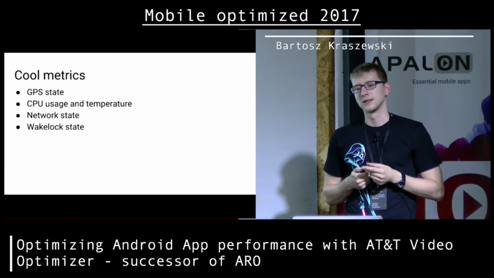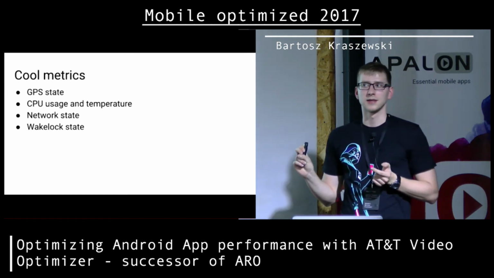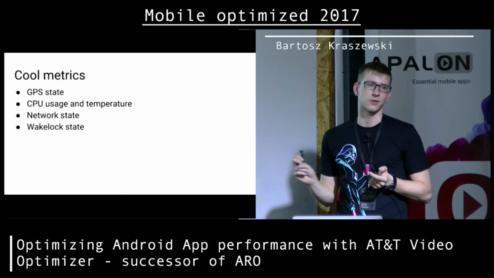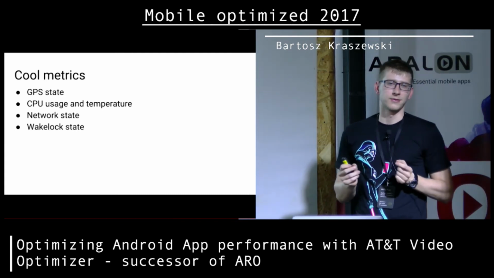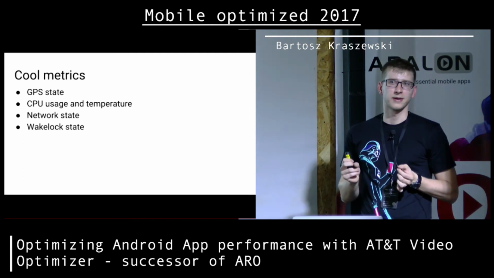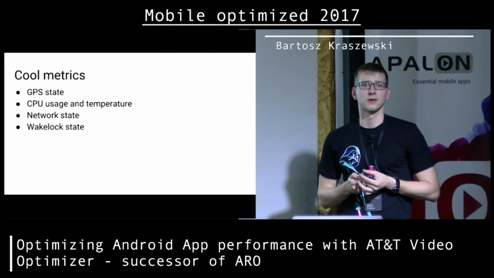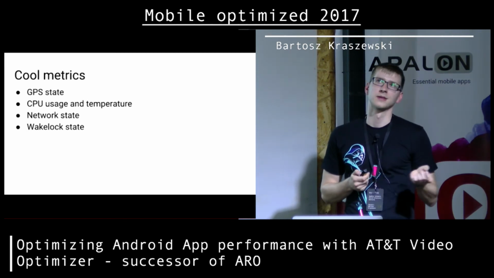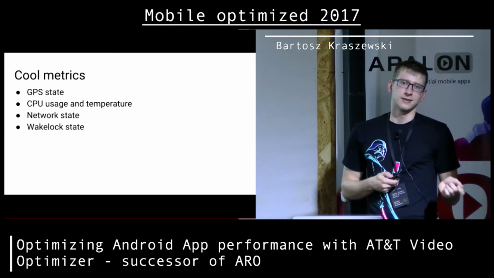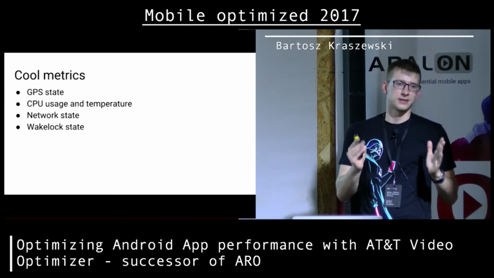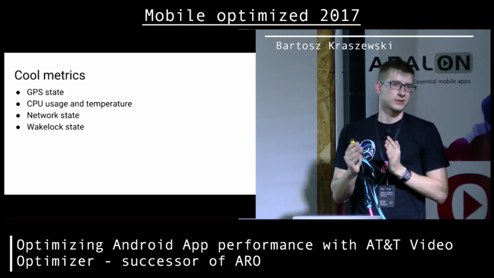And the good thing is that if you see a spike, you can click on it and see what's actually happening on screen. You can also see the network state, if it's currently using Wi-Fi or if it's not available at all. And the wake locks. Wake locks could also be a problem that makes the user's battery go down very quickly. During the test, you will see on the timeline when the wake lock was acquired and if it was released.